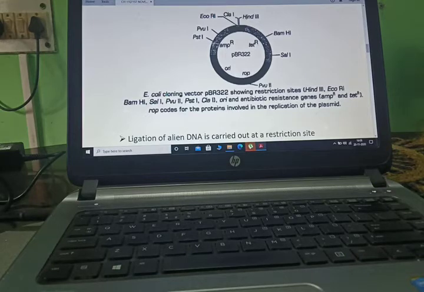And inside the circle you can see the antibiotic resistance genes, AmpR, TetR, ORI, and ROP. These are the codes which are involved in the replication of the plasmid. And the plasmid is this part of the DNA.